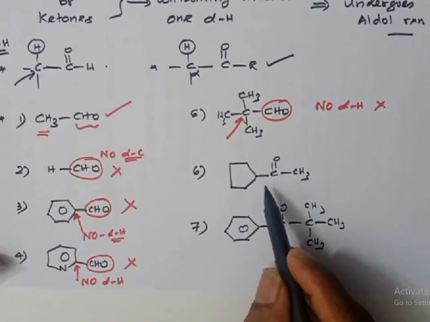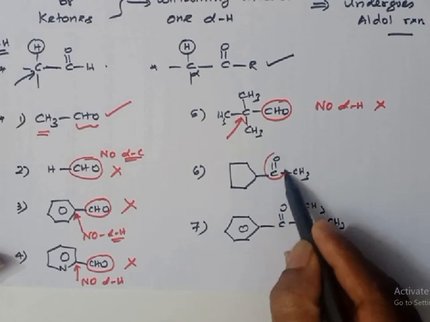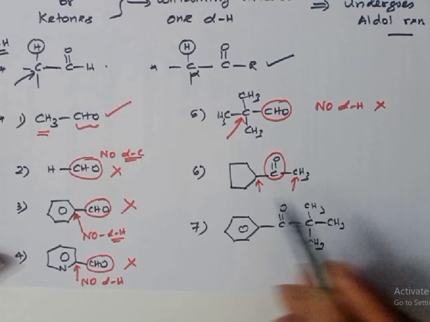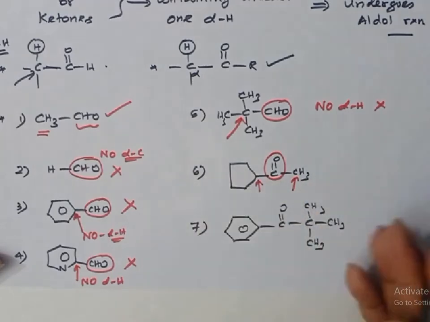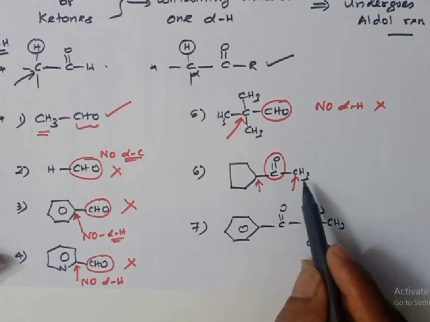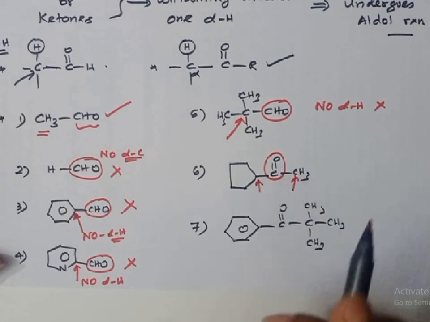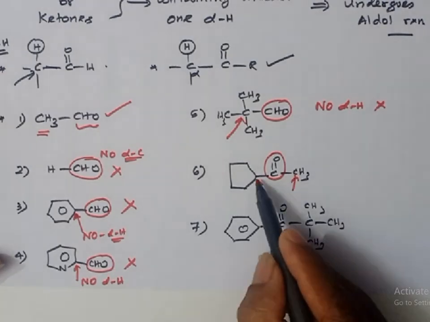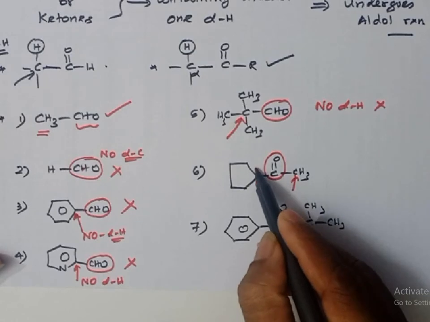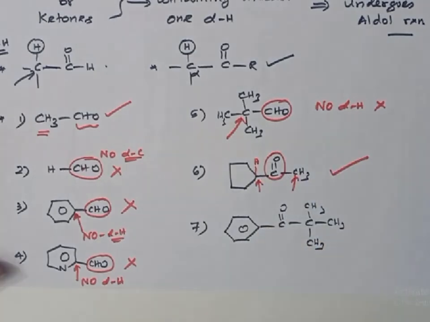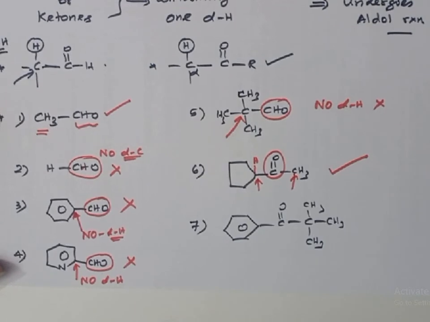See this one. Here we have a keto group. In a keto group, we usually have 2 alpha carbons. So here we have one alpha carbon, and this side also we have an alpha carbon. If any one of the alpha carbons contains a hydrogen, then that ketone will undergo Aldol reaction. Here this carbon has 1 hydrogen, and this carbon has 3 hydrogens. So this compound definitely undergoes Aldol reaction.